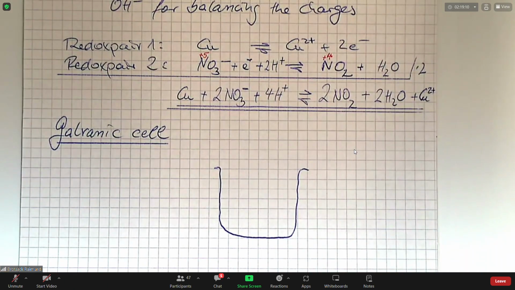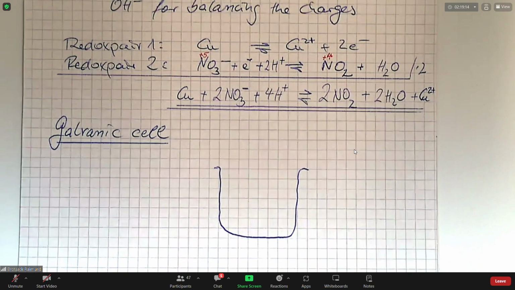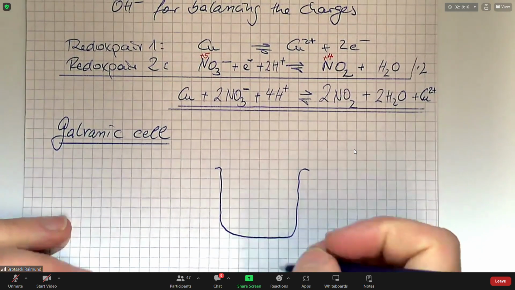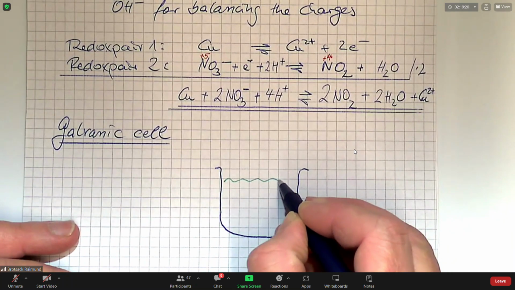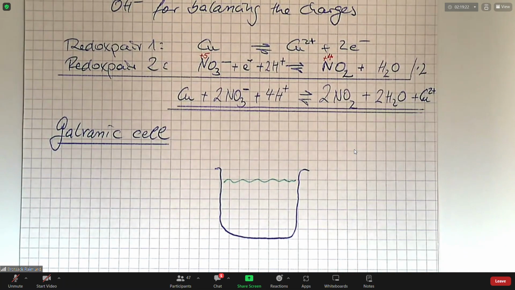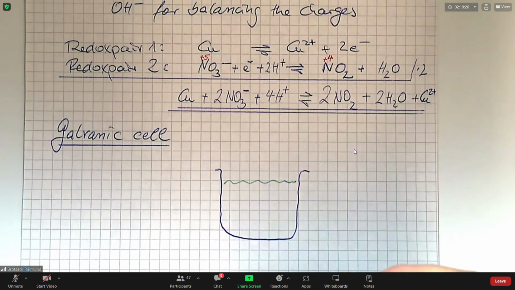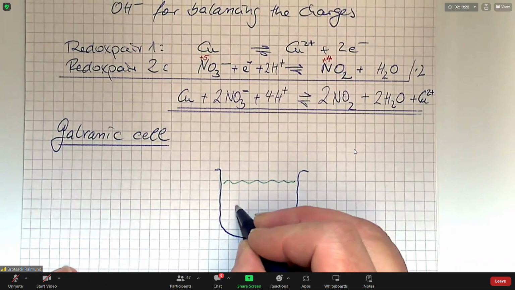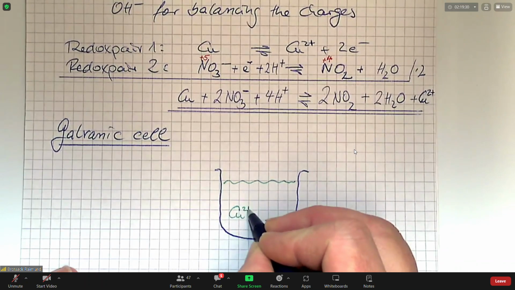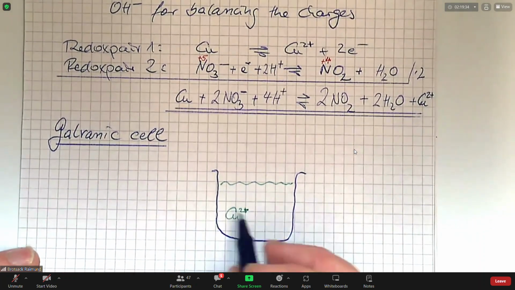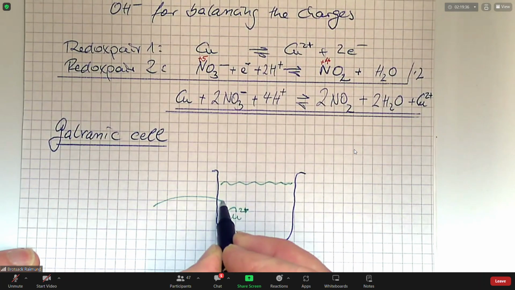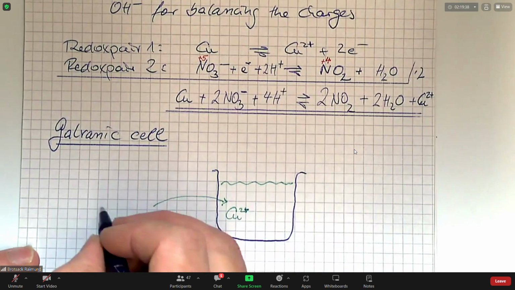This is our beaker. And in the beaker, we have an aqueous solution of copper 2 plus ions. For example, we can create that solution via solving copper sulfate.